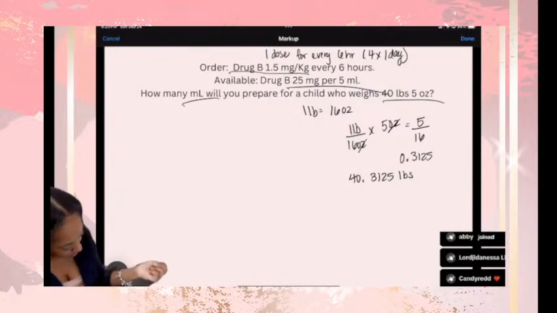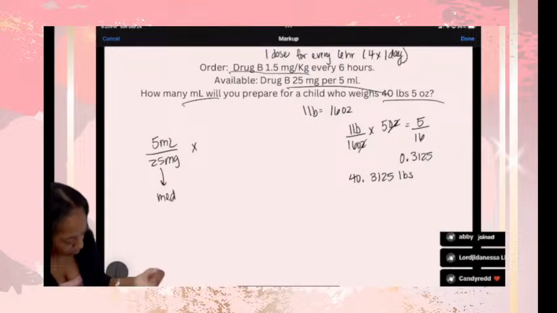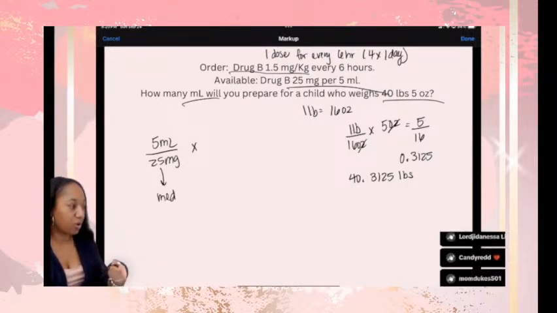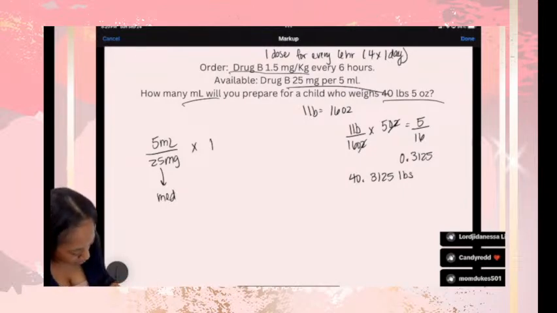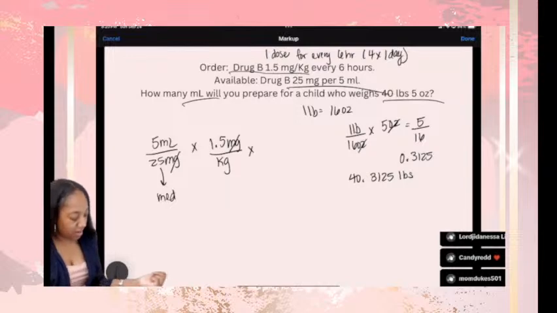All right. So we are looking for milliliters. So we'll start with milliliters. So 5 mLs per 25 milligrams. That's my medicine, okay? So then we have milligrams on the bottom. We need milligrams at the top. So we'll go to our order, okay? That's 1.5 milligrams per kg, okay? So milligram is going to cross out. We're left with kilograms now.